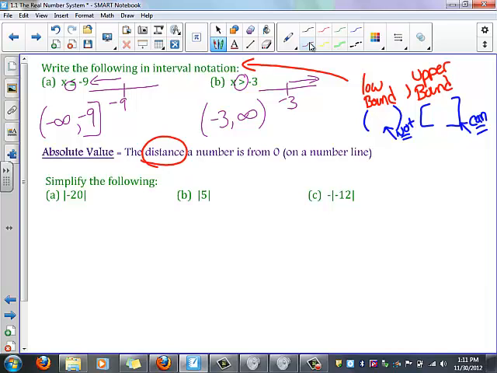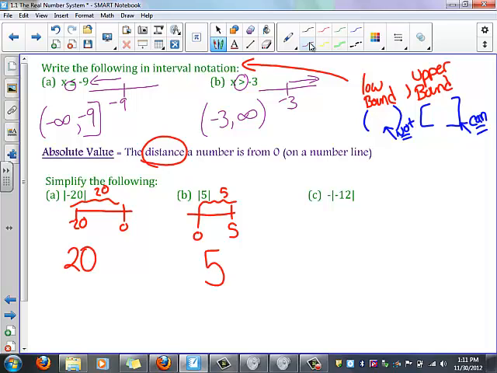So first off, if we look at -20, that is still 20 units from 0. You still went 20. So our absolute value is 20. Next up, if we look at 5, from 0 to 5, we still went 5 units, so it's 5.